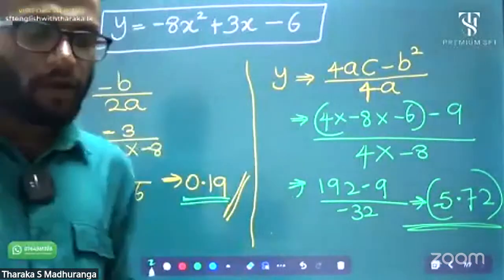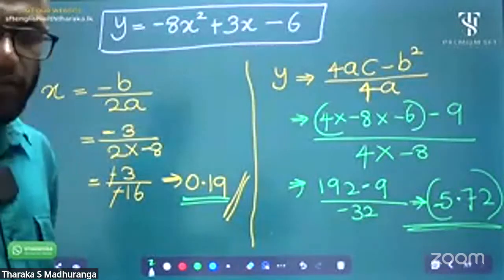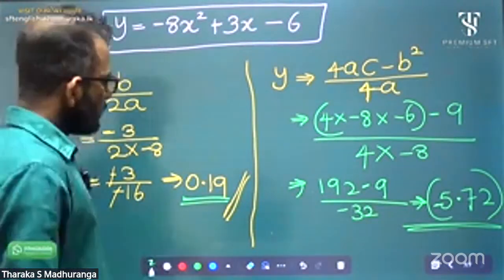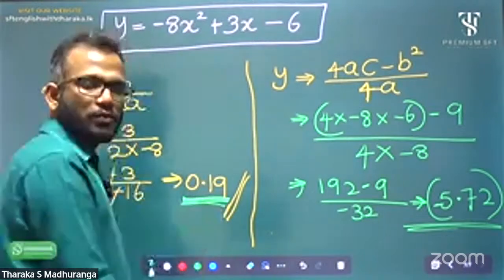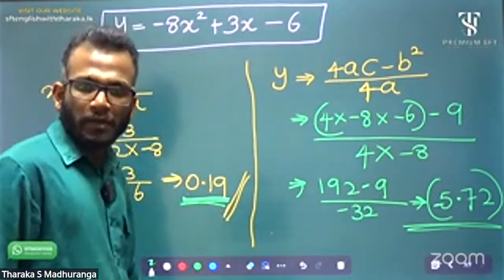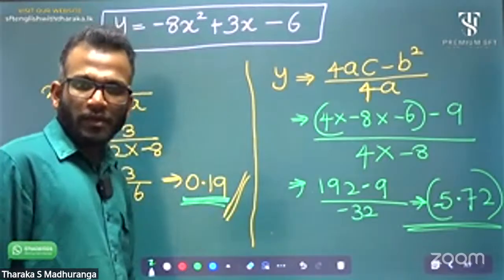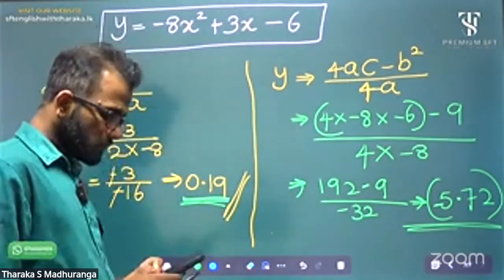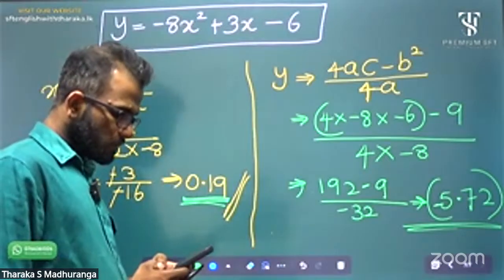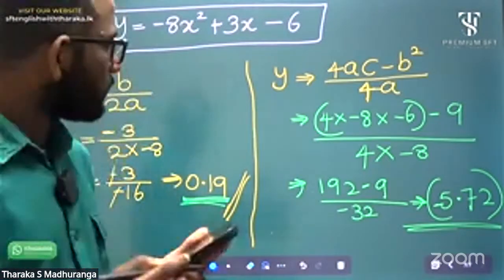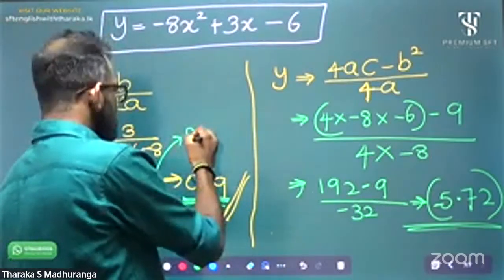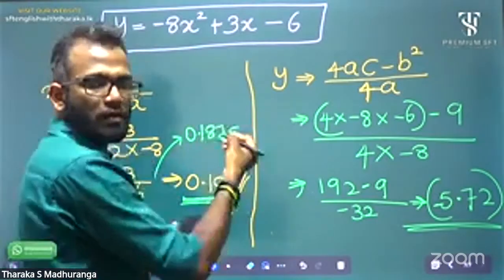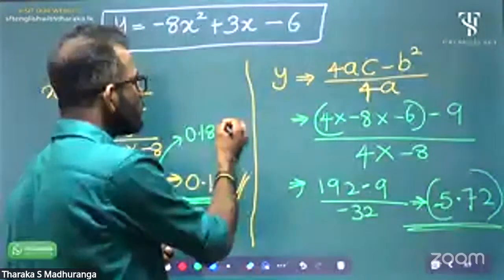So I got 0.18 and minus 5.71. Yeah, it's okay, but you have to round off. 3 over 16, the actual value is 0.1875. The third decimal point is more than 5, that's why I got 9.